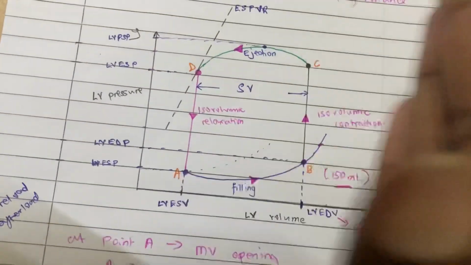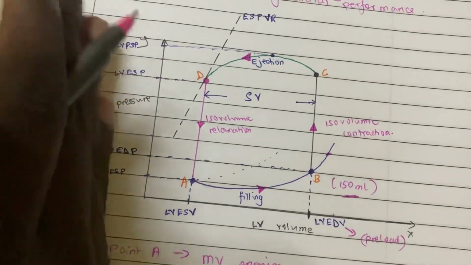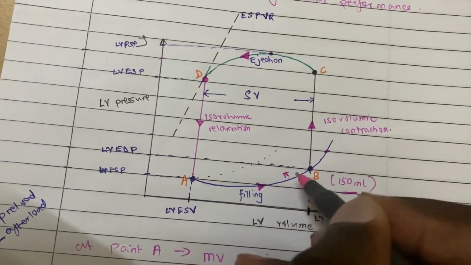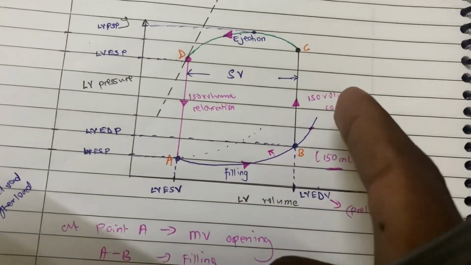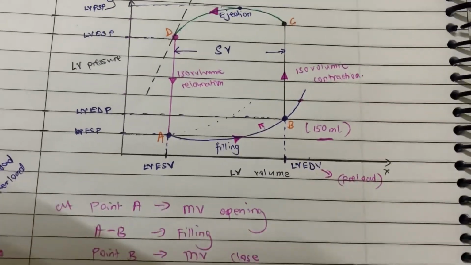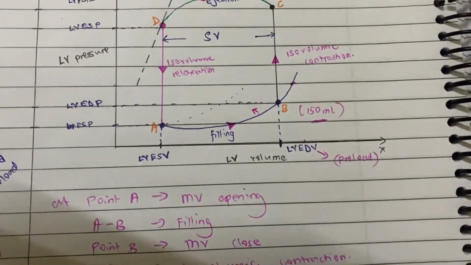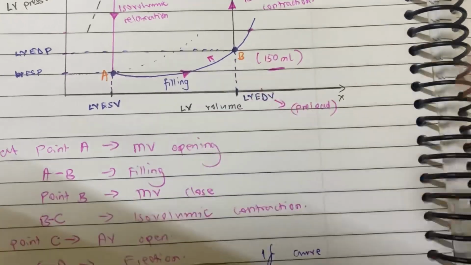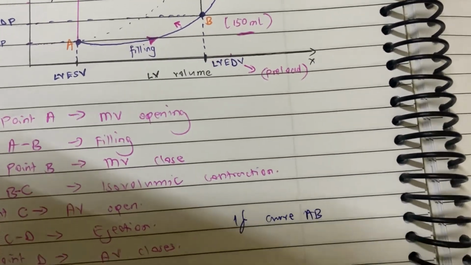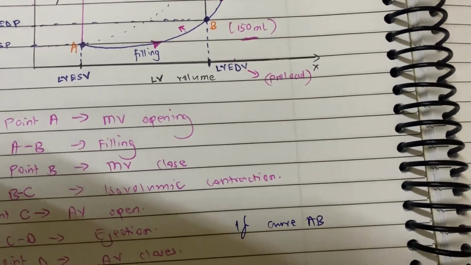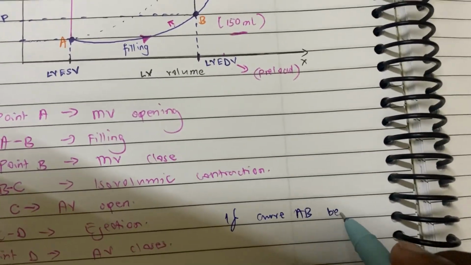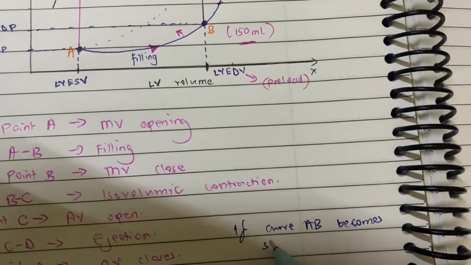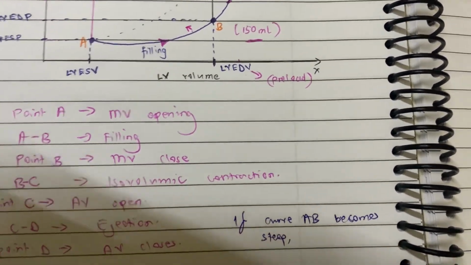This is the left, this is the right. So if this curve, that is AB, is moved in this direction, it becomes steep, not stiff, steep.